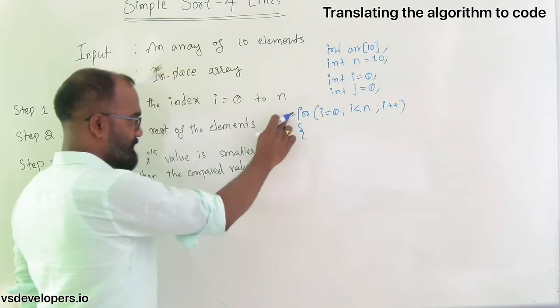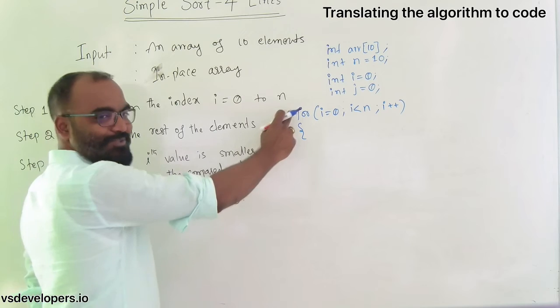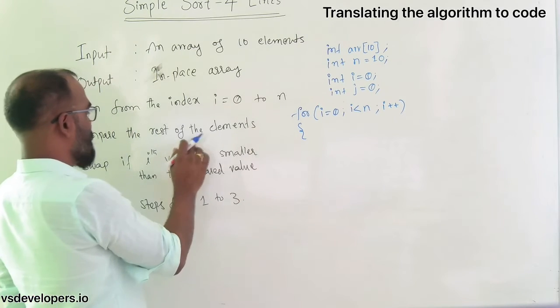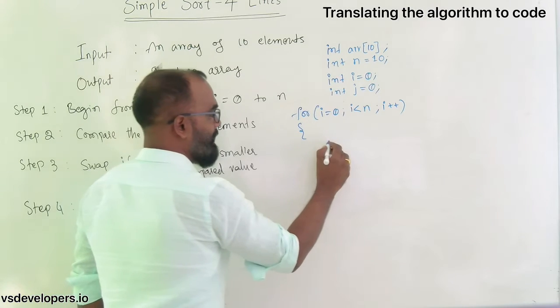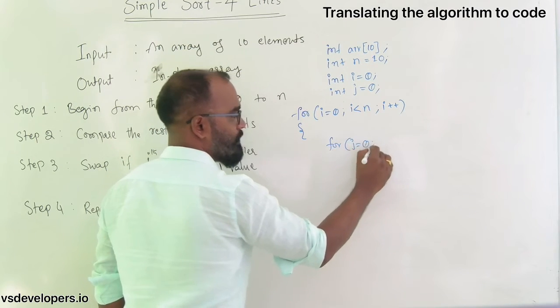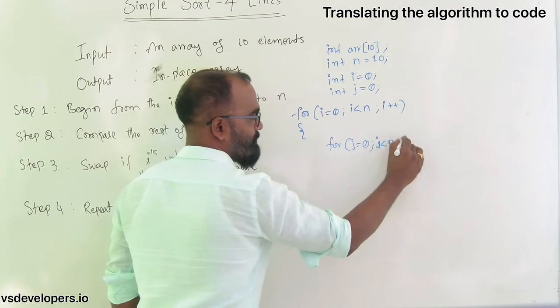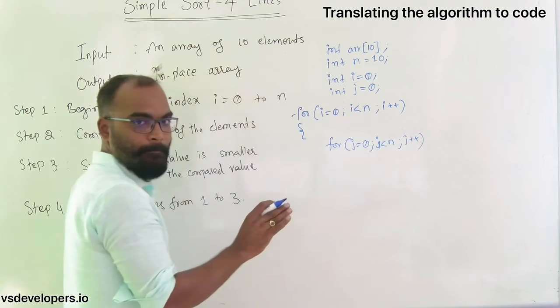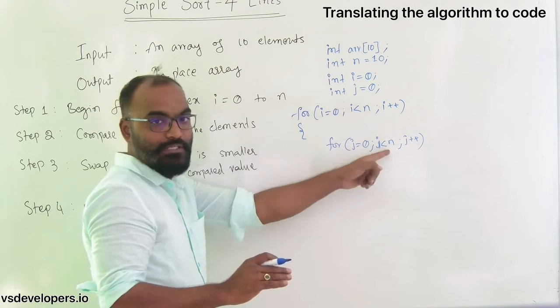So you can map step 4 to this line. And then it says compare with the rest of the elements, which means you get inside and then compare with the rest of the elements, which is j equal to 0, j less than n, and j plus plus. So now this will help you to compare this element with the rest of the elements.